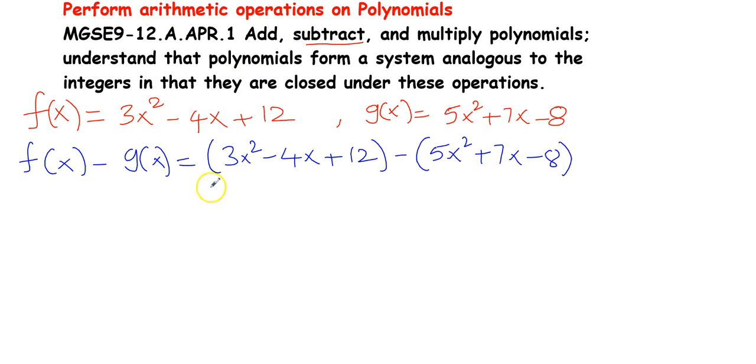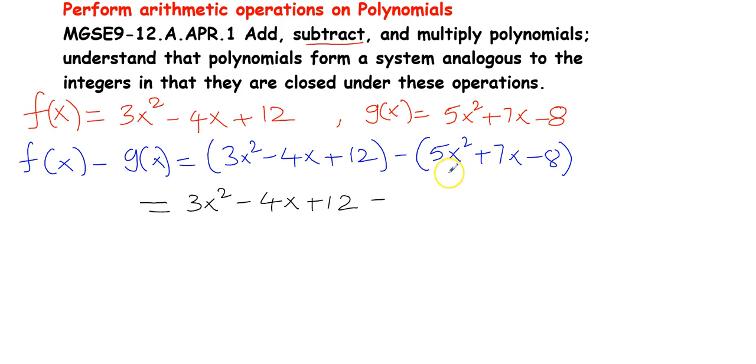And we are going to find the difference between those two polynomials. So in the first part here, I don't have to do anything to the first function f of x. So let us just copy 3x square minus 4x plus 12. Only thing is I removed the parentheses.